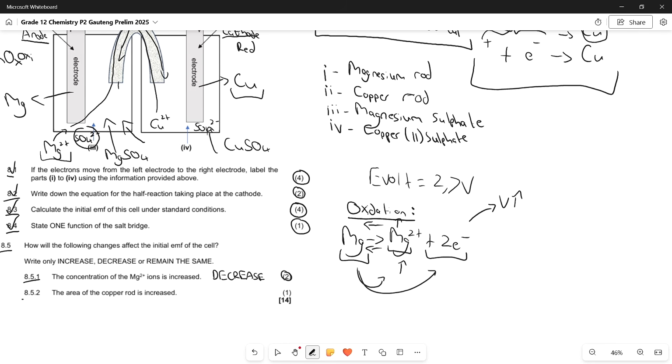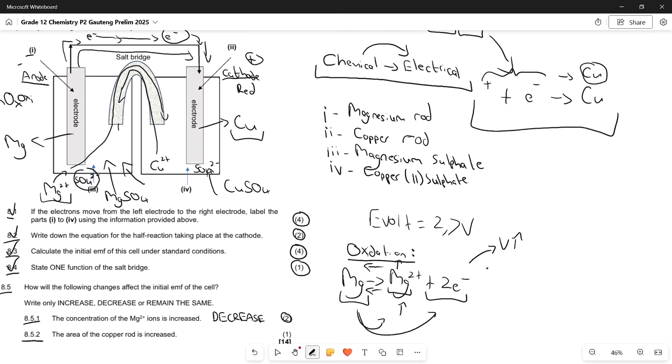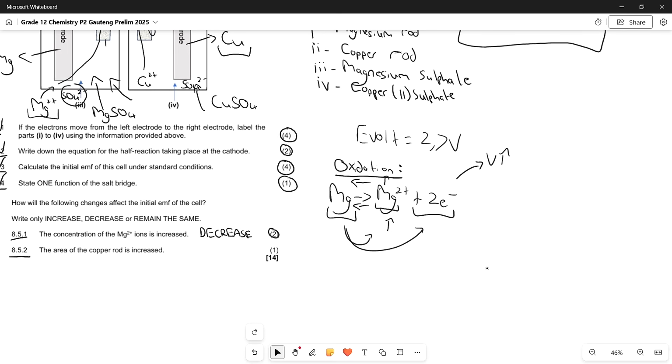And then 8.5.2, last question says, the area of the copper rod is increased. Okay, so our copper rod is up here, top right electrode, and they have increased the area. So what was this size, they now made a lot bigger, like that, for example. And we have already written our equation for reduction, but this does not work the same way as increasing the ions, okay? Because our reduction is gain, which means we'd have Cu2+ + 2e-.